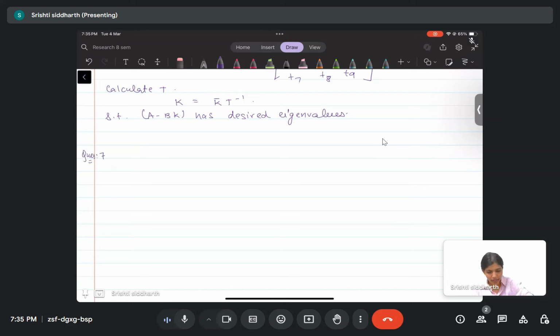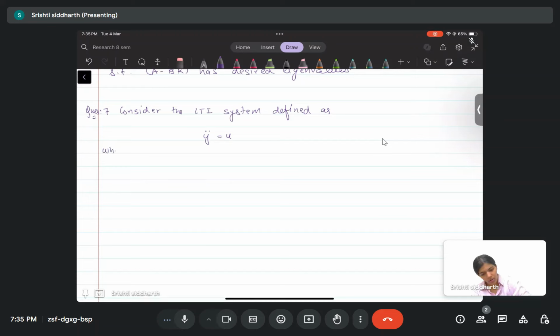Okay, so consider the LQR system defined as y double dot equals u. Here y is the output and u is the input.